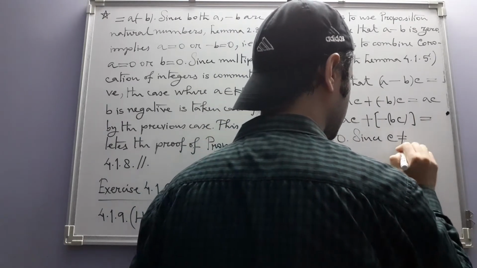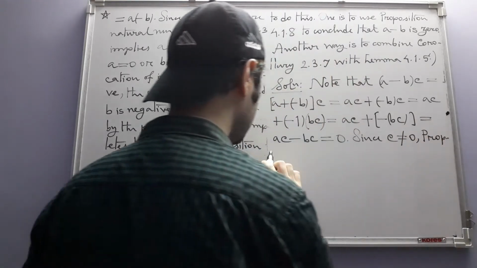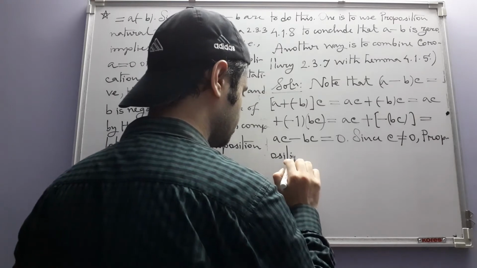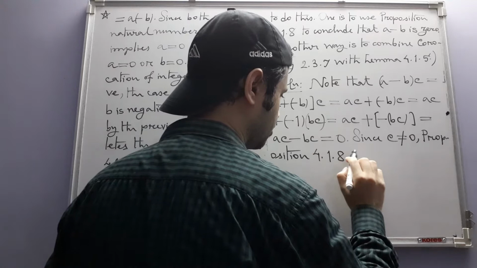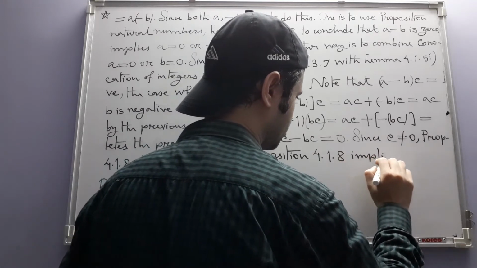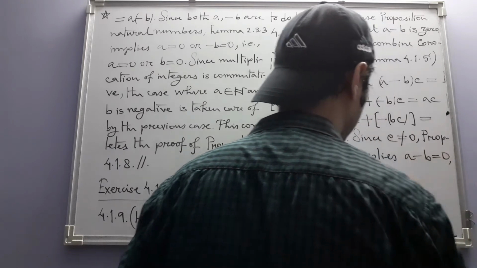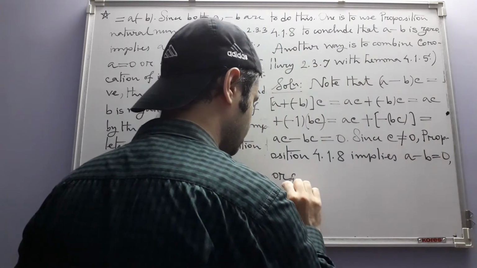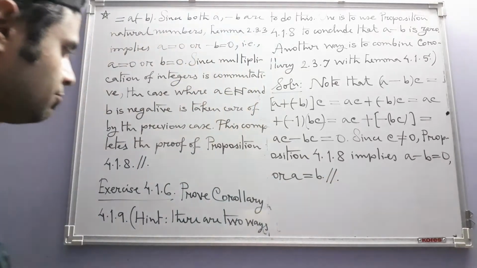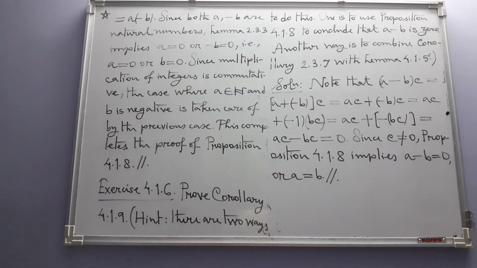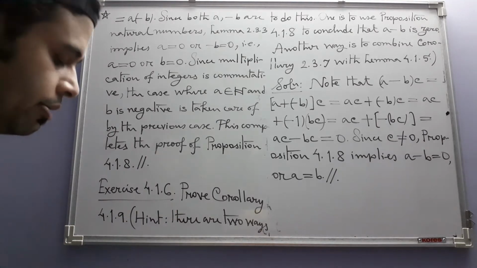Since c is non-zero, proposition 418 implies a minus b should be equal to 0, or a is equal to b. So that completes the proof of corollary 419. So we now have a cancellation law also.